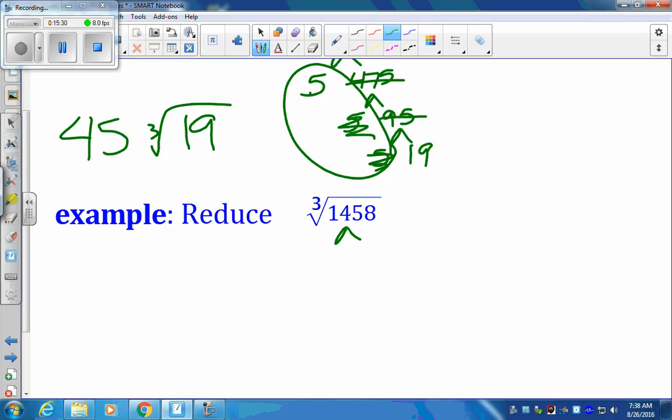All right, divide by 2, I get 729. Divide that by 3, I get 243. Divide by 3 and I get 81. Divide by 3, I get 27.